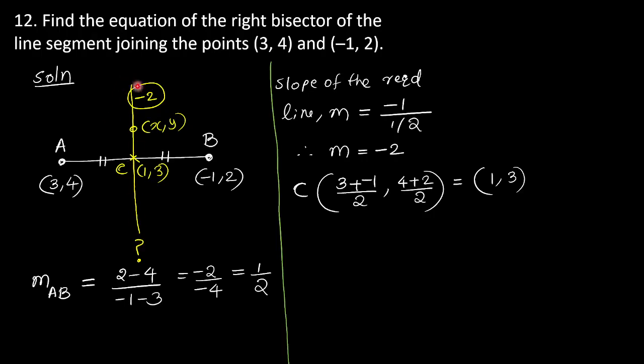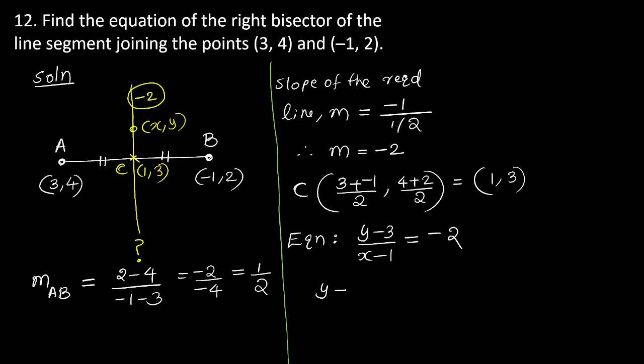What is the slope of the line? y2 minus y1 by x2 minus x1. So for the required line, the slope is y minus 3 divided by x minus 1. This is the slope of the line. We know that the slope is minus 2.